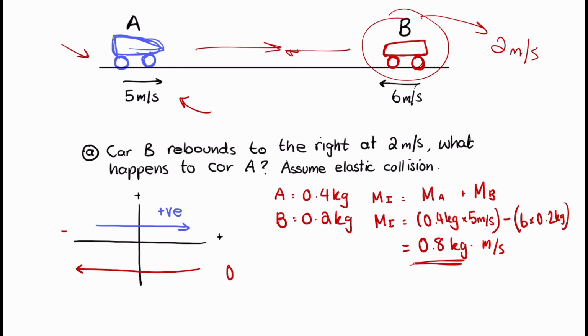So firstly, we go 0.8 will equal. Now, we're told that car B goes to the right at 2 meters per second, meaning that it's going to have a positive momentum.